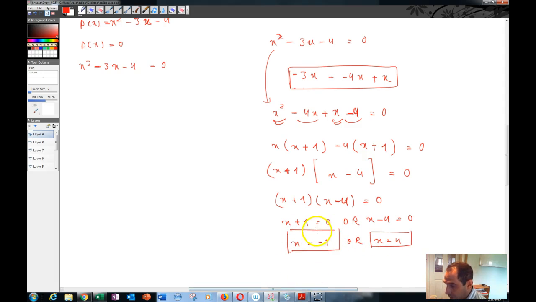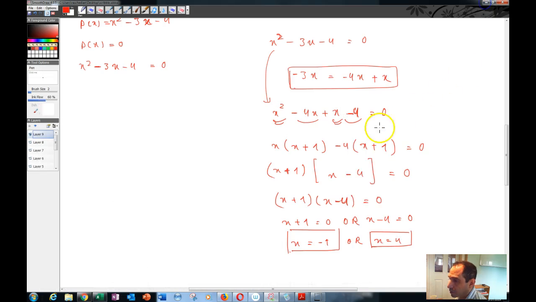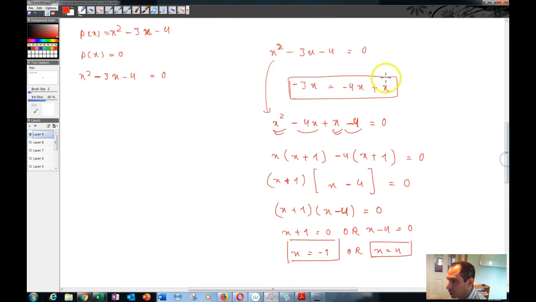And that's exactly what happened even over here. You see x is equal to negative 1 and positive 4. So that's very simply how to find the zeros of this polynomial. Now we will get to more complicated examples.